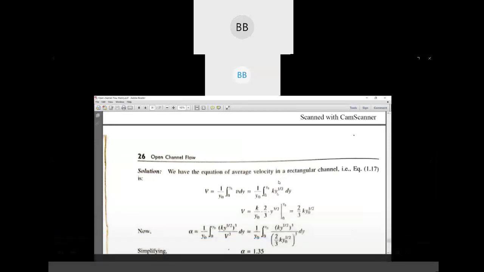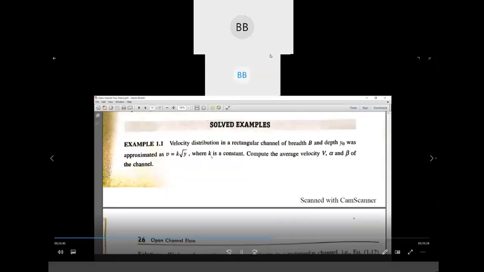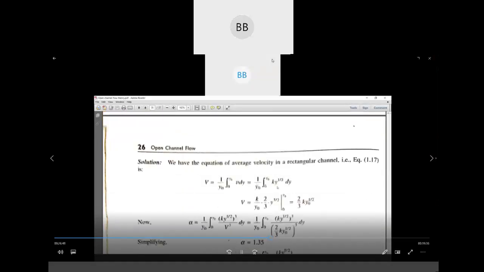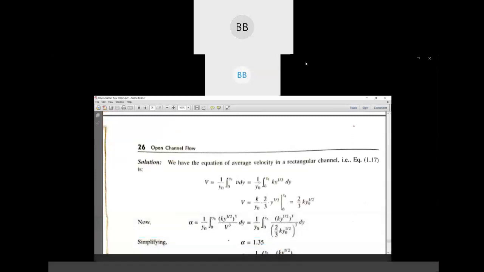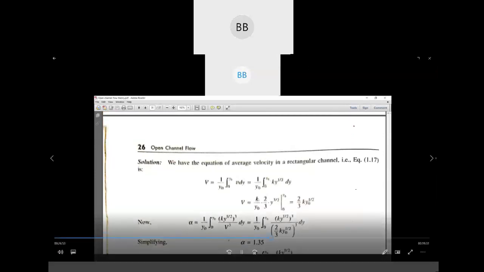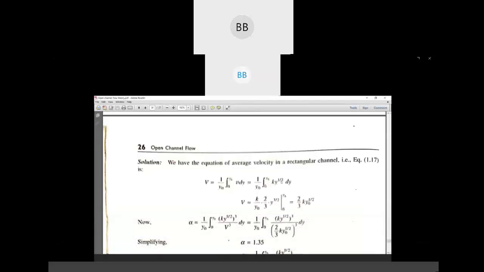Then what we have to do, we have to integrate. As k is a constant, it's already given in the question that k is a constant, so when we integrate it will come out. So k by y naught, then you integrate y to the power half.